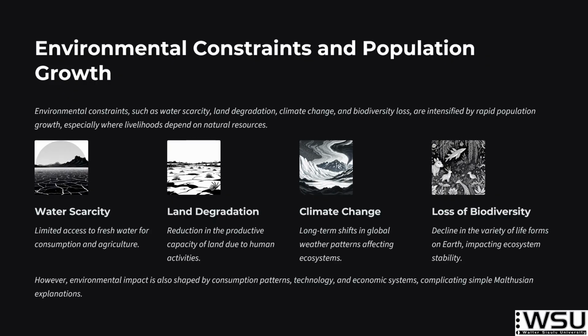Okay, so things like land degradation. There might be a reduction in productive capacity of land due to human activities, and maybe we're not taking care of the land. Maybe we're taking out trees and all of that, which are very important for our ecosystem.